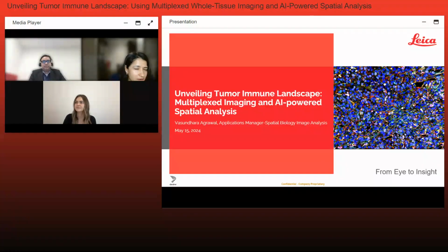CellPose is a generalist deep learning algorithm, which utilizes one nuclear membrane channel and multiple cell membrane channels. So it's particularly useful for any kind of spatial analysis where you have cell types that are expressing different cell membrane markers, and you want to essentially segment all the cells that are within your tissue.